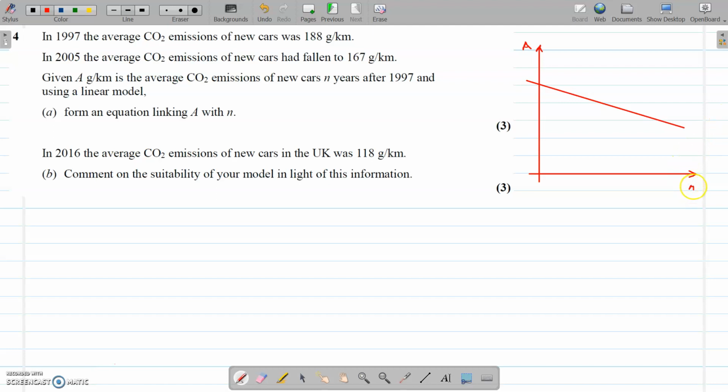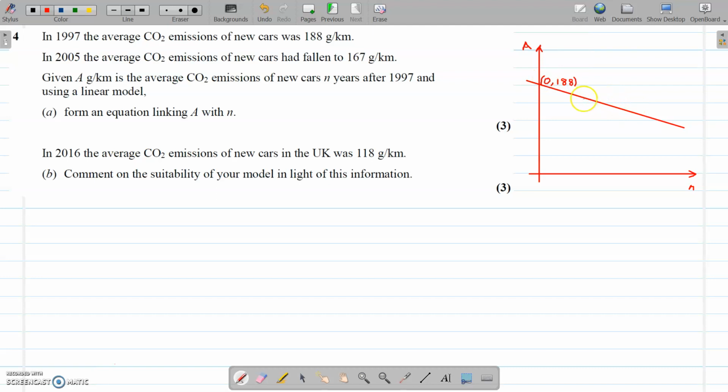Okay, so the zero count starts at 1997. So we know that after 0 years, in other words, in 1997, the emissions were 188. So this point here is the point 0,188, in our linear model.